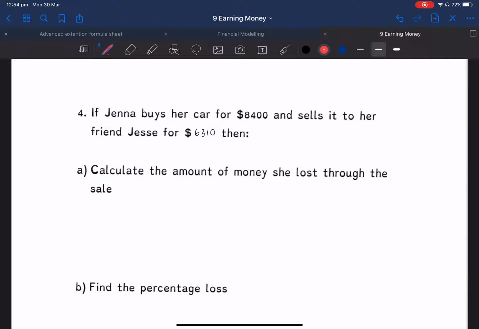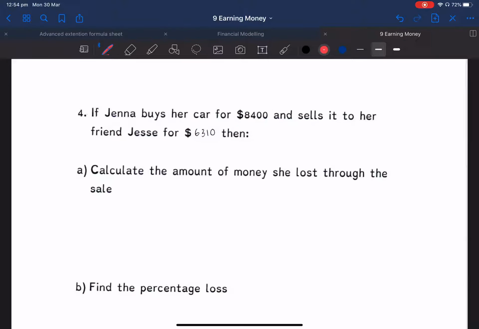All right, last one we're going to go through here. We've got Jenna. She buys her car for $8,400, and then she sells it to a mate for $6,310. So what we want to know is how much money did she lose through the sale? We know it's a loss, okay, because she bought it for this much and then she sold it for less than that.